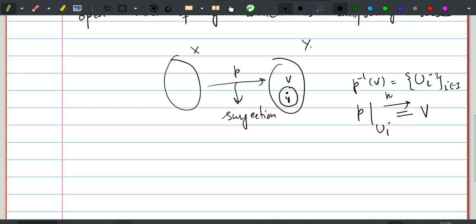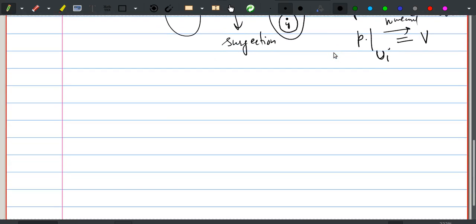So P maps U_i homeomorphically onto V. In that case, P is said to be a covering map, and X is said to be a covering space of Y. So let us do some examples here.